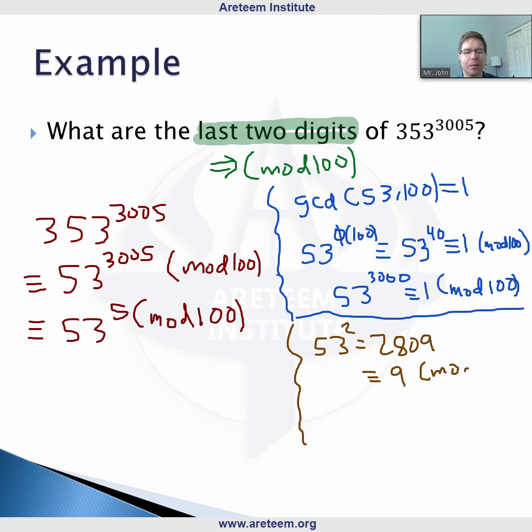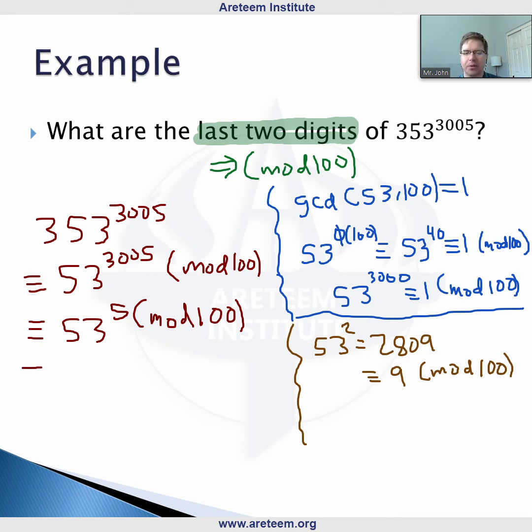Remember, anytime you're doing these calculations, you don't have to actually care about all of the digits. You only need to care about the last two. So even though 53 to the 5th power is a big number, you should never have to deal with any numbers much bigger than thousands.